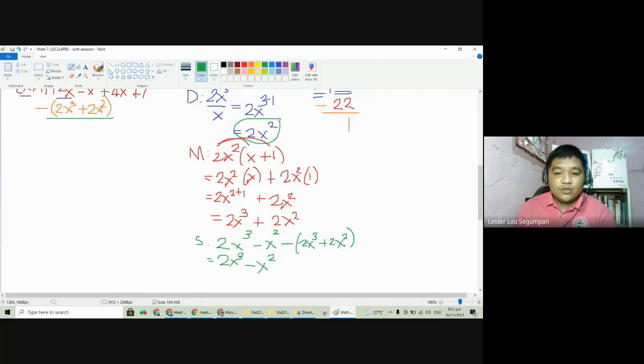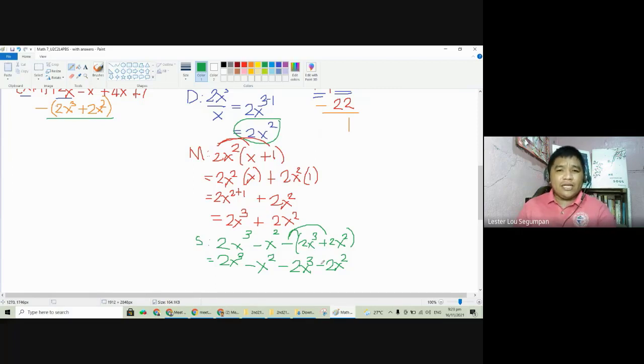But when you remove this grouping symbol preceded by a subtraction symbol or a minus sign or a negative sign, the positive 2x cubed will become negative 2x cubed. And this plus here will also become minus. This is the result of distributing the sign. Negative times positive, negative, negative times positive, negative.